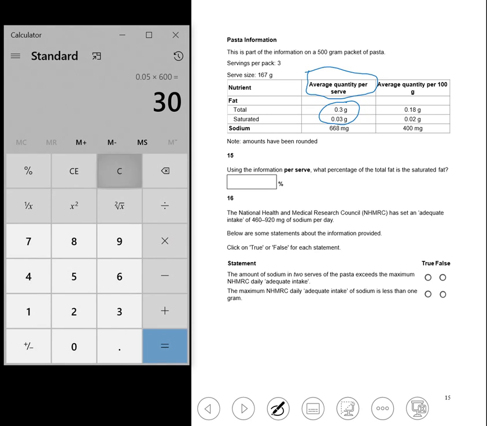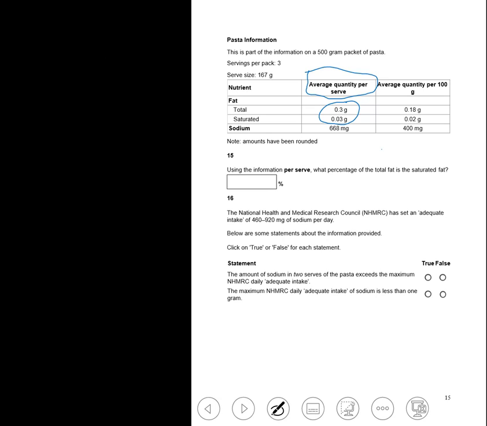So 0.03 divided by 0.3 times by 100. 10%. And it makes sense if you multiply any number by 10. So here's our 0.03. If you multiply it by 10, the decimal goes across 1, which will end up changing it to 0.3, which is exactly what we've got up there. So 10% is our answer.